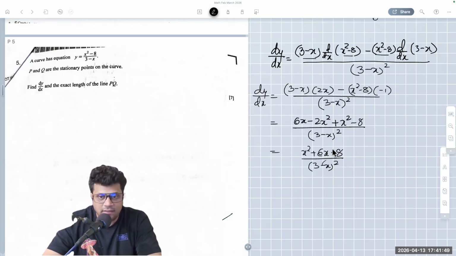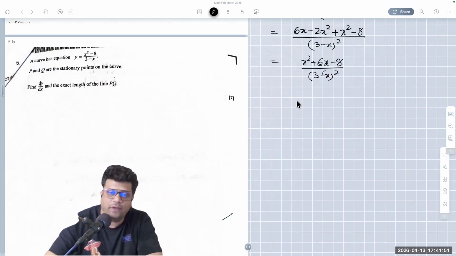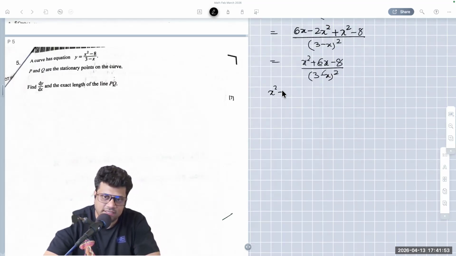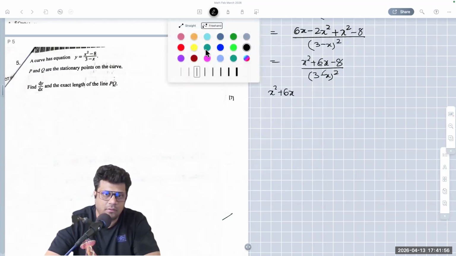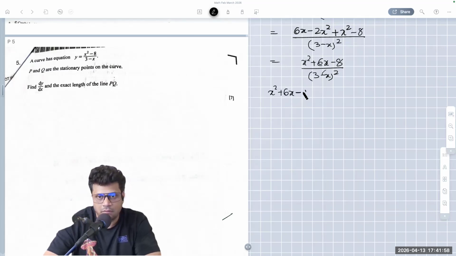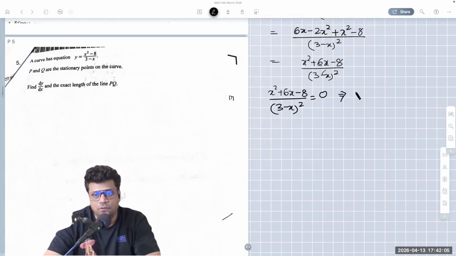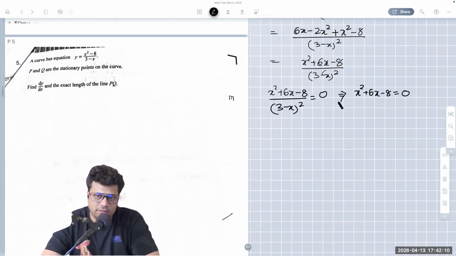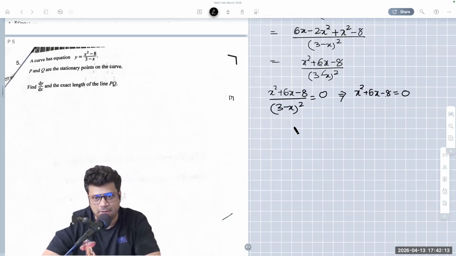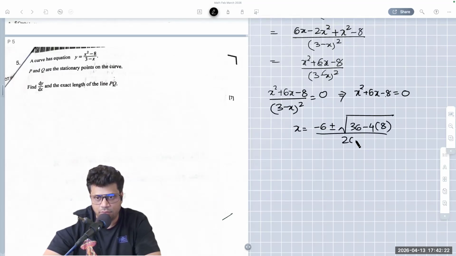And now that they are looking for stationary points, I have to equate the derivative I got to 0. So I get x square plus 6x minus 8 equals 0. And now, since it doesn't look like I can split the middle term, I'm going to use the quadratic formula: minus b plus minus root over b square minus 4ac divided by 2a.